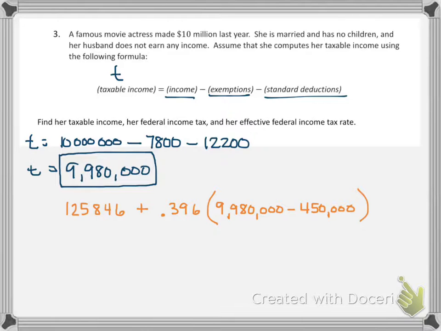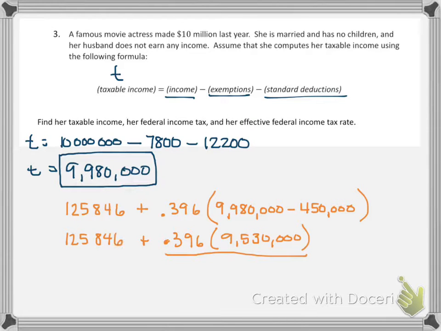Okay, so what do we have? I need to simplify my parentheses here. 9,980,000 minus 450,000 is 9,530,000. That's the amount that 39.6% applies to, which is the additional taxes, plus the 125,846 I paid on the first 450,000.